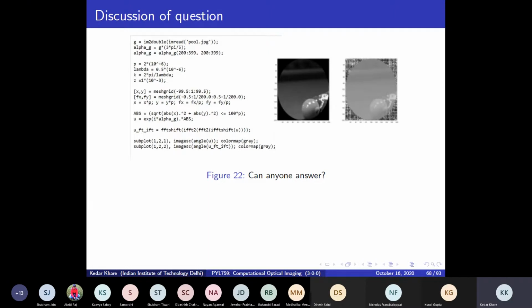But when you look at the phase, on the left-hand side is the phase of the initial image, but the right-hand side is the phase of the image after applying FFT and IFFT in sequence. First you take FFT, then you take IFFT. I think it's a legitimate question why there is this junk in the outside part in the phase. Can anybody answer? Does anybody have an idea why this is happening?